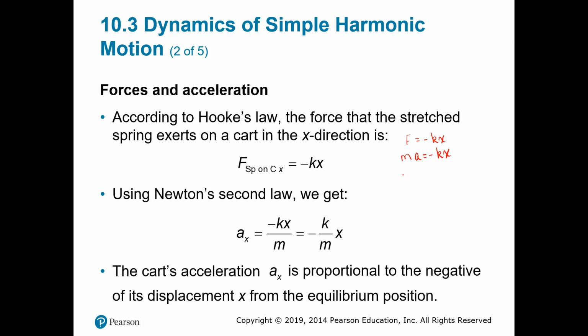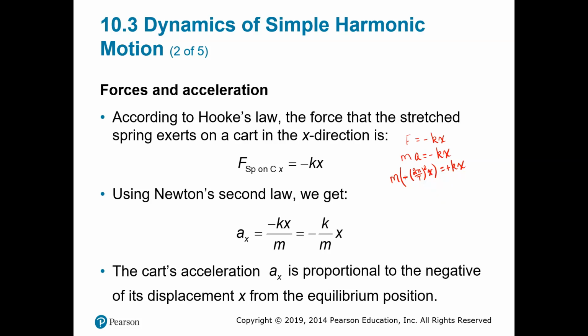So what we get is that the mass times the acceleration, remember that was negative 2 pi over the period squared times our position, is going to equal negative kx. So the negatives are going to cancel. Yay. No negative gremlins here.